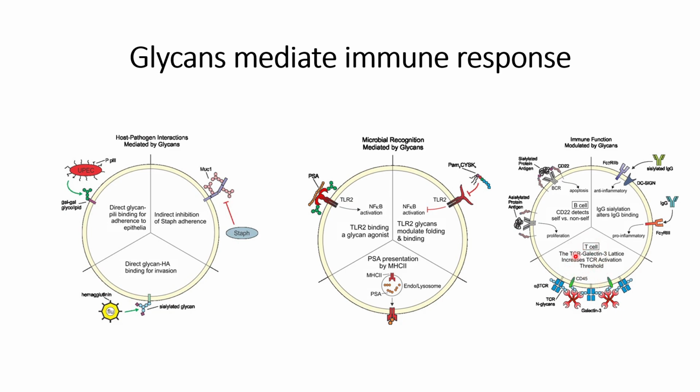In the case of T cells, galectin-3 will increase the T cell receptor activation threshold. What this means is that when galectin-3 interacts with the T cell receptors through these glycans, it will increase the threshold.